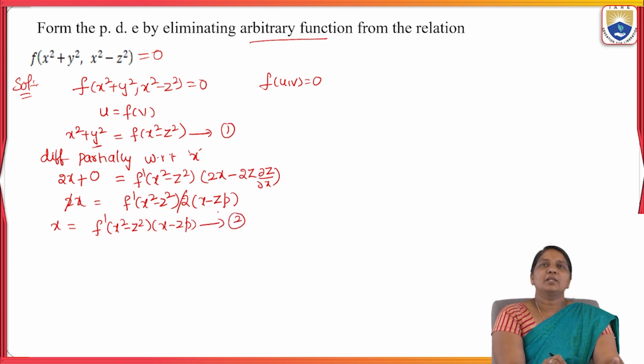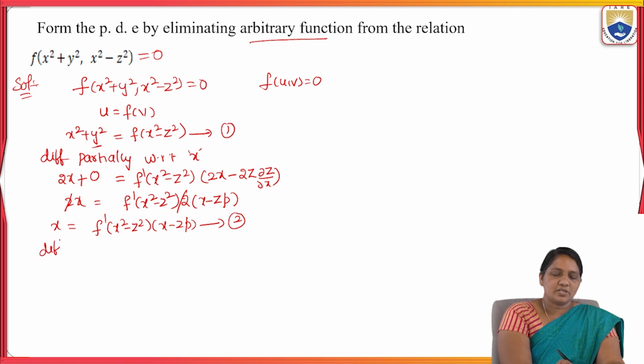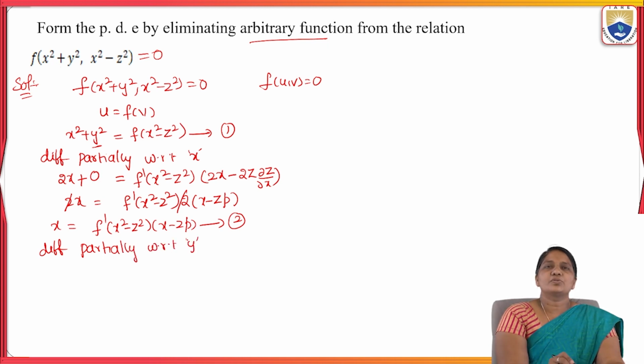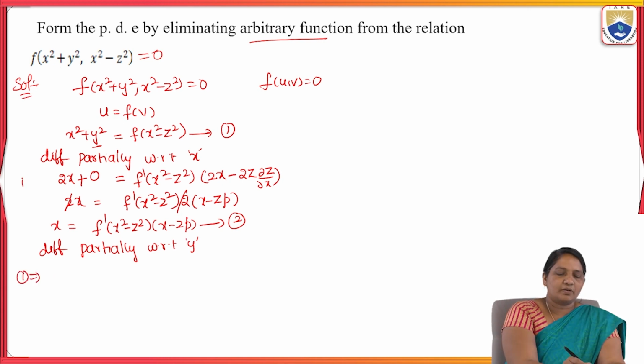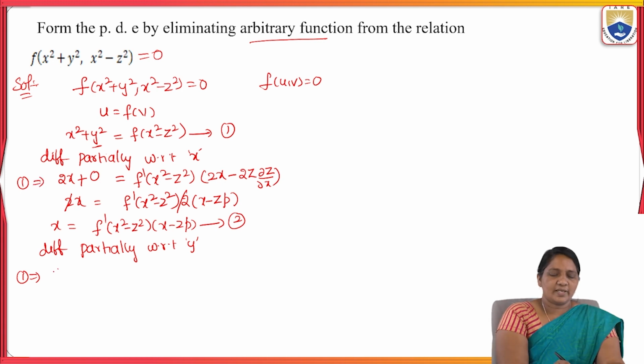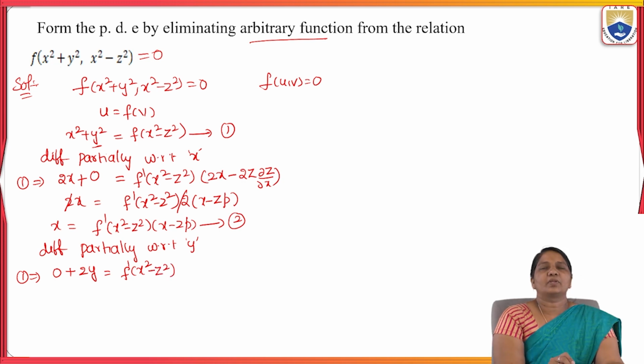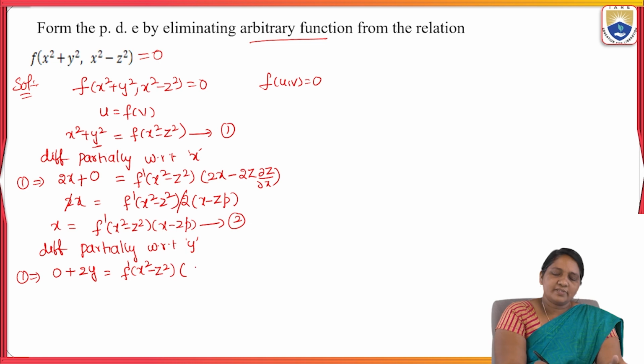First step completed. The next step, what we have to do: differentiate partially with respect to y. So here, when you are doing with respect to y, equation 1 becomes, x is constant so 0, plus y square is 2y, is equal to f derivative is f dash of (x square minus z square), here x square is 0, minus 2z into dou z by dou y.